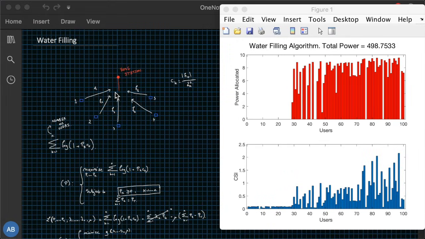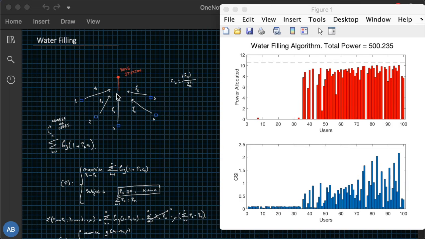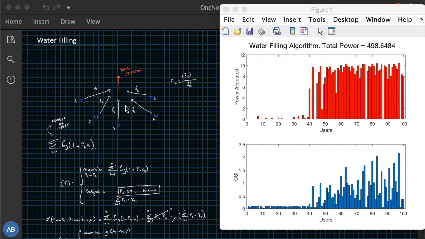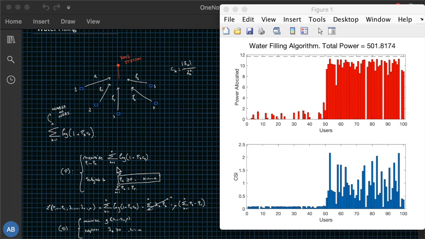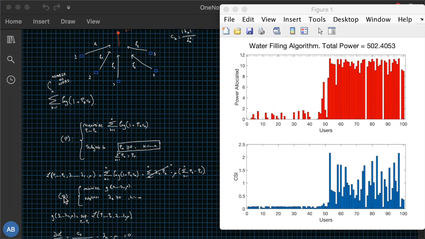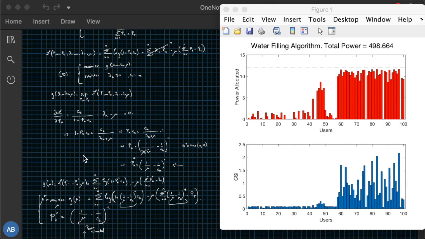So this is it. This one we talked about the water filling problem and the algorithm that solves this problem when applied to communication systems. So when applied to the rate maximization problem under power constraints, we formulated the primal and the dual problems, solved the problem through the dual.